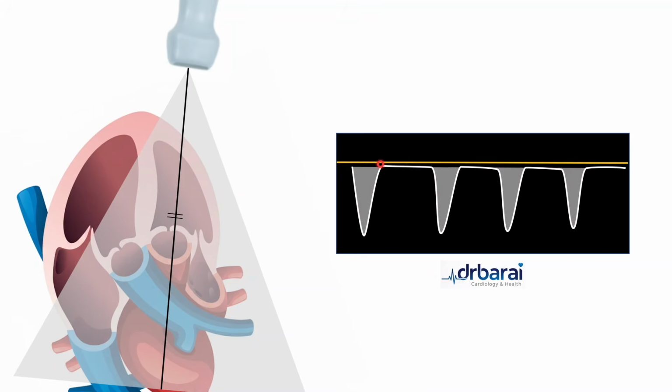Now most people who have no valvular disease will have a vertical line here, which means that the aortic valve is closing. So if we trace the waveform, the machine will do the calculations and give us a number which may be 18, 20, 22, below 18 or above 22 centimeter. So this is how it is measured.